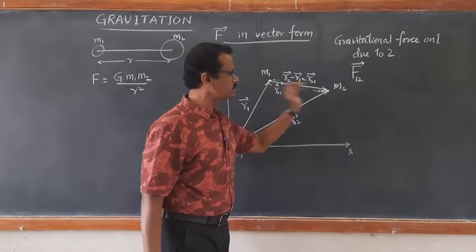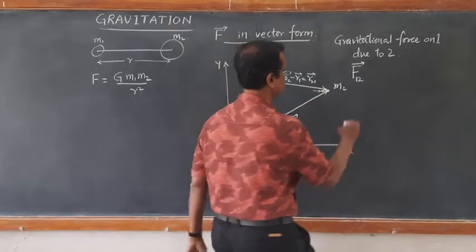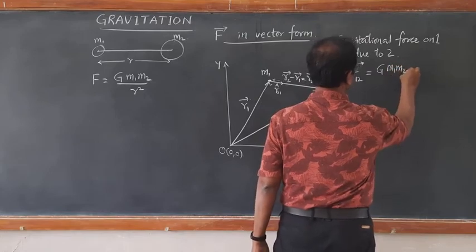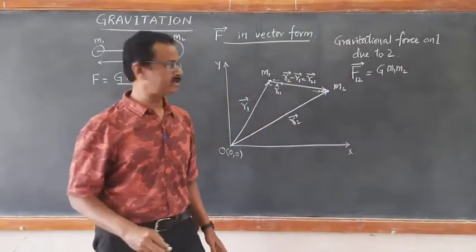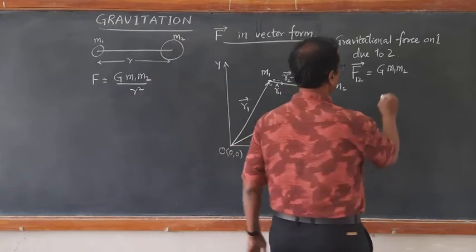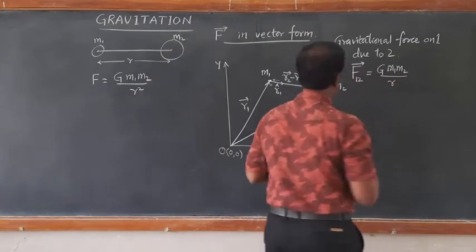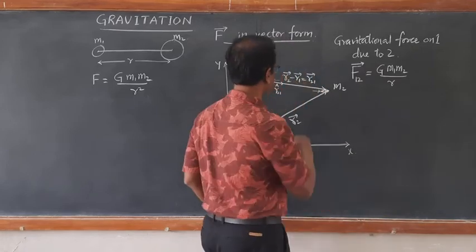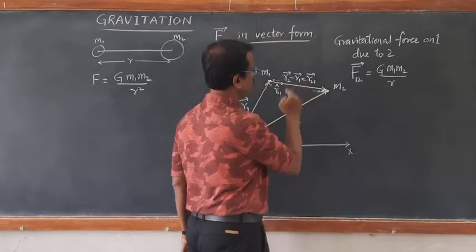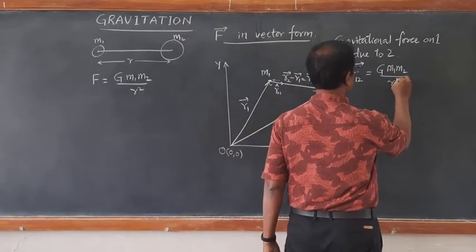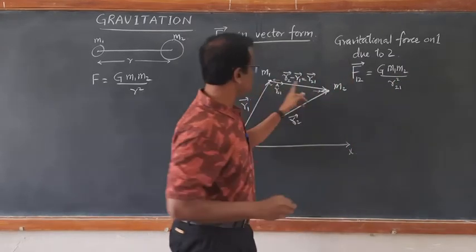It is acting towards m2, right? So by using Newton's law of gravitation, this I will write as G m1 m2 divided by r21 square. See, the distance between them is r21 vector, r21 square, and it is directed towards m2.